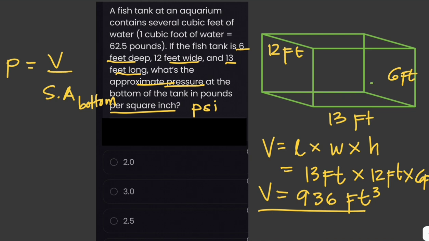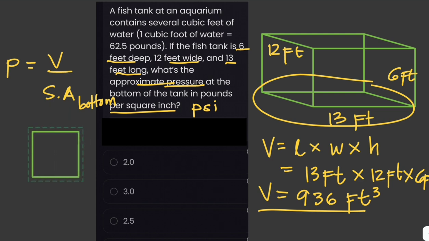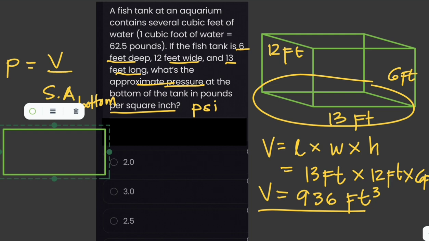So the bottom of the tank is this one. This is rectangular, so let's say we draw a rectangle here. This is the face, or the bottom, of the fish tank. So the width will be equal to 12 feet, and then the length is 13 feet.